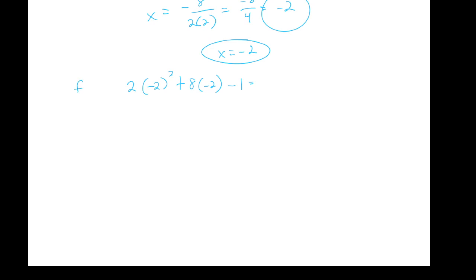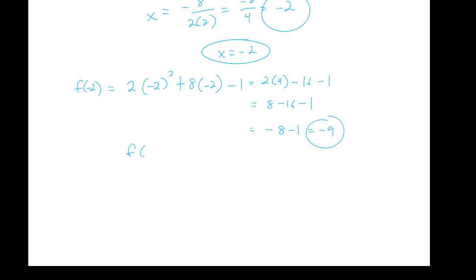And this, again, is the f of -2. This is when we plug -2 into our function. It's going to give us 2 times 4 minus 16 minus 1, or 8 minus 16 minus 1. Okay? 8 minus 16 is -8, minus 1 is equal to -9.